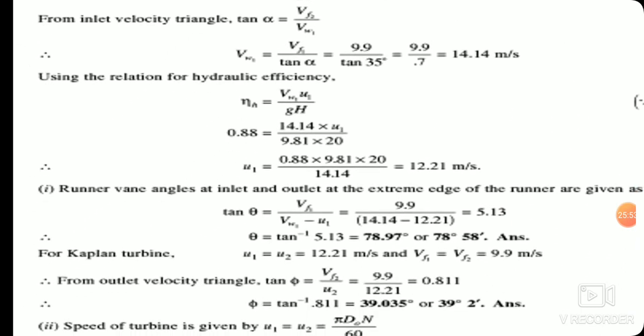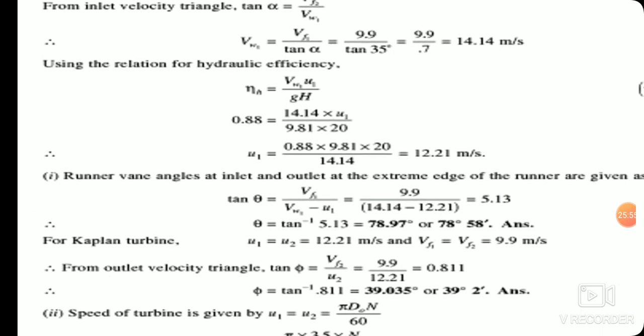Then for the Kaplan turbine, as already told, U1 is equal to U2. To calculate the vane angle at outlet phi, we should know the parameters of the outlet velocity triangle, that is Vf2 and U2. In this case U1 is equal to U2, and Vf1 is equal to Vf2.